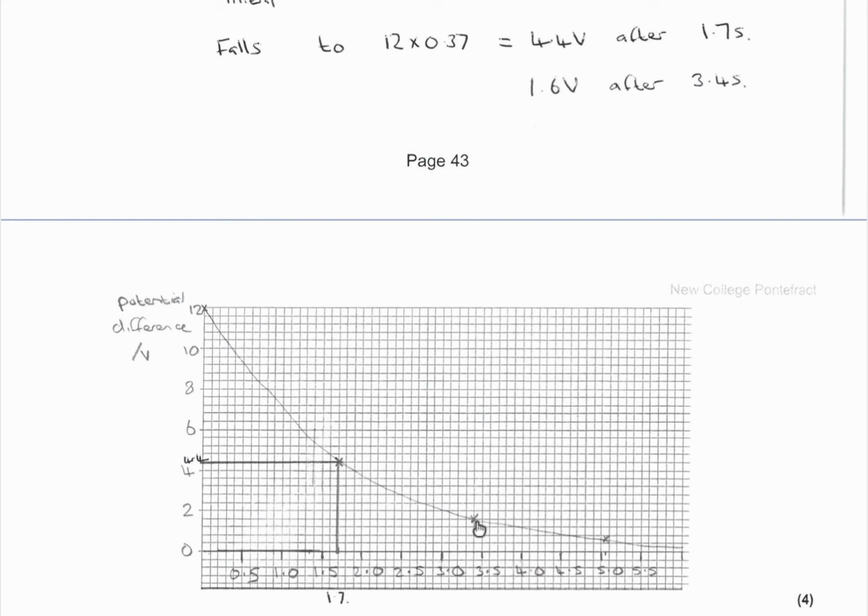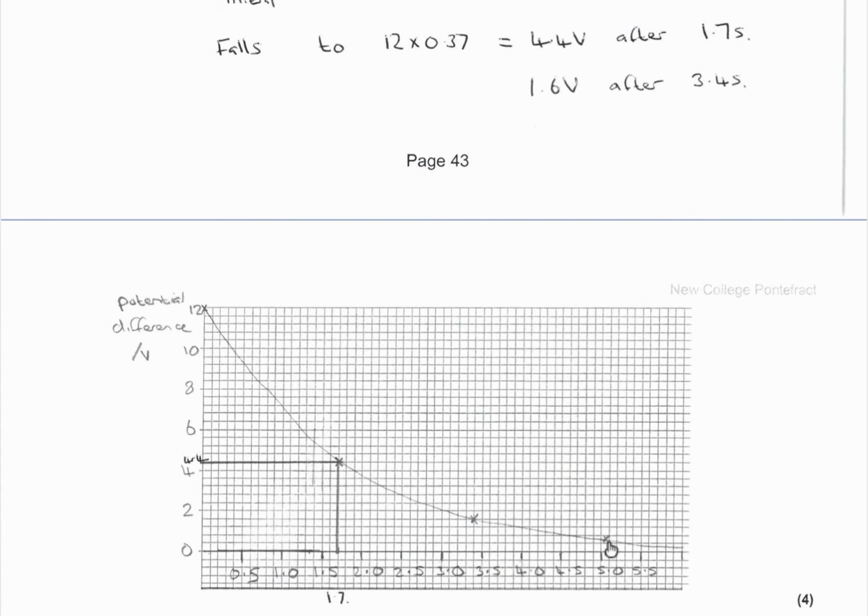And then I did it for the third value, at 5.1 seconds, where I worked out what 37% of 1.6 was, just to give me an idea of where this particular point was. That gives me the correct curvature, 1 mark, the correct starting point, and this becoming asymptotic so it follows the t-axis, 2nd mark, and it enabled me to put these points on to show what the potential difference was after 1 time constant, and that's the 3rd mark.